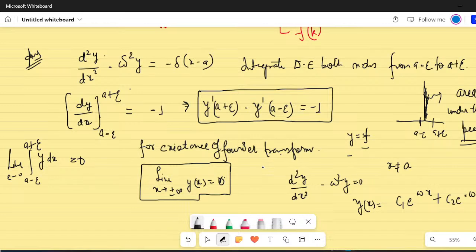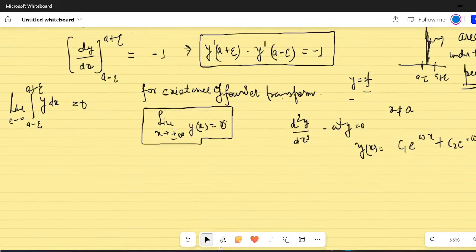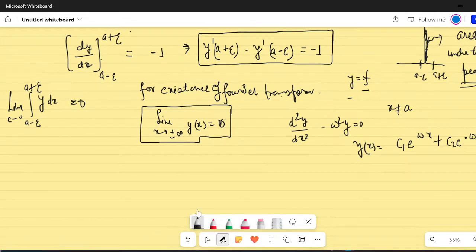Because there is no such initial condition given to me, for simplicity, I will write y of x as simply e to the power omega x if x is less than 0, that is if x tends to minus infinity, then this will disappear.